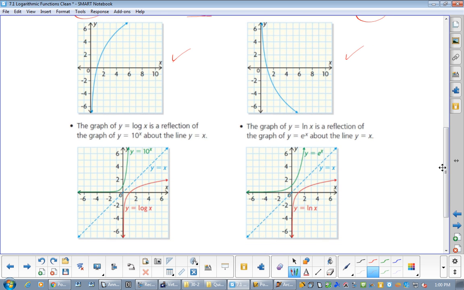Now, the graph y equals log x is a reflection of the graph y equals 10 to the x about the line y equals x. Did we learn that? The graph y equals ln x is the reflection of the graph y equals e to the x. Now remember, there's an invisible 10 here. Do you see where the 10 and the 10 are?